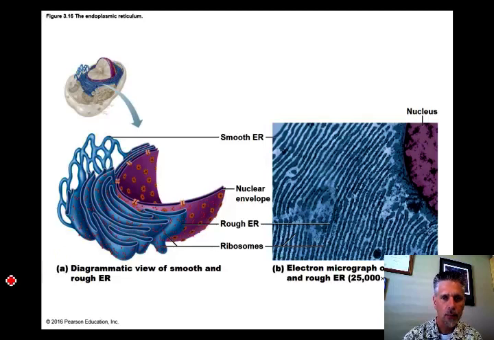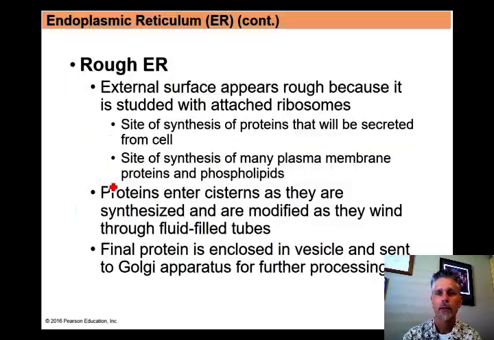We can see it here when we look in the microscope. It actually looks rough because you can see all these little studded ribosomes along the membranous surface of the ER. So rough endoplasmic reticulum, like we see there, is the site of protein synthesis, both for use in the cell and to be secreted from the cell.